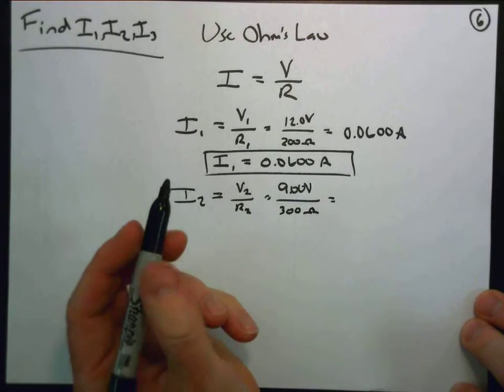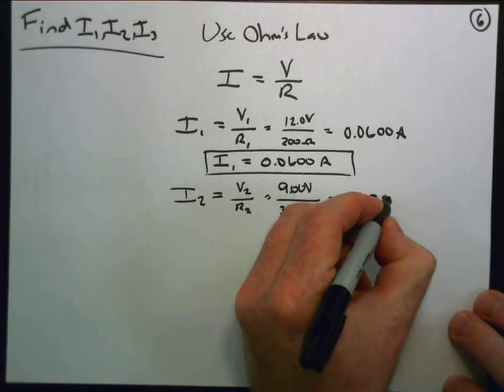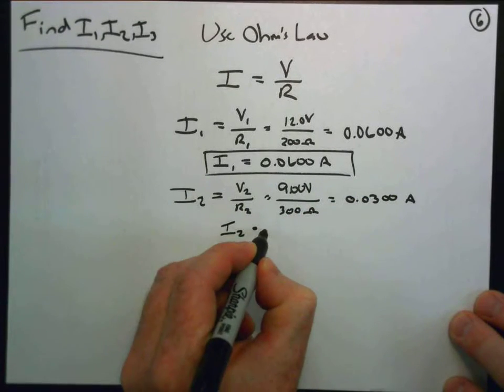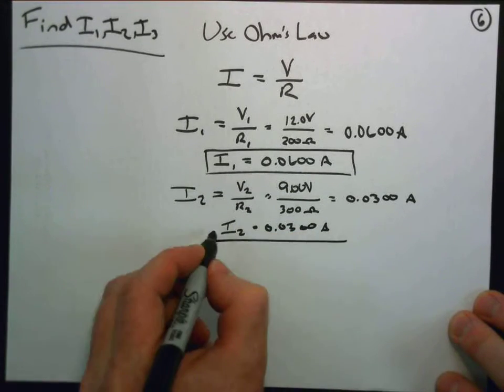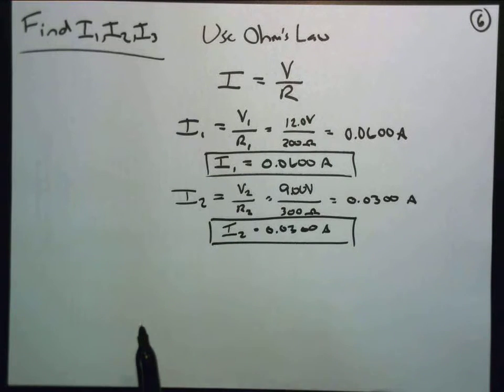Okay, 9 divided by 300, and I get 0.03 amperes. Another answer. Pretty quick, pretty straightforward.